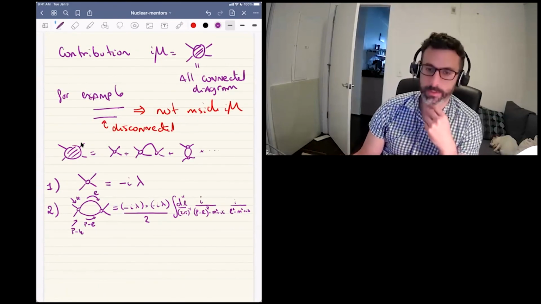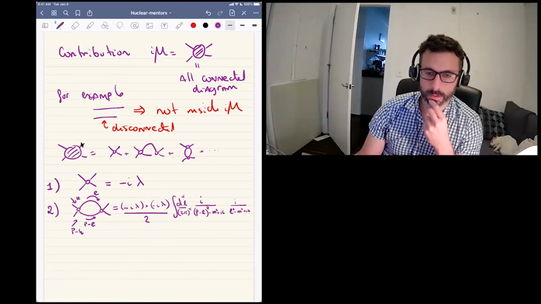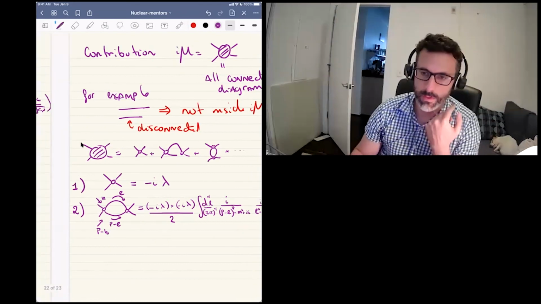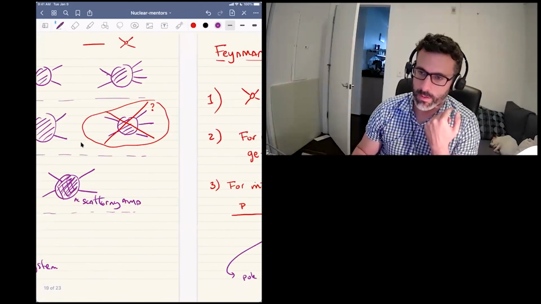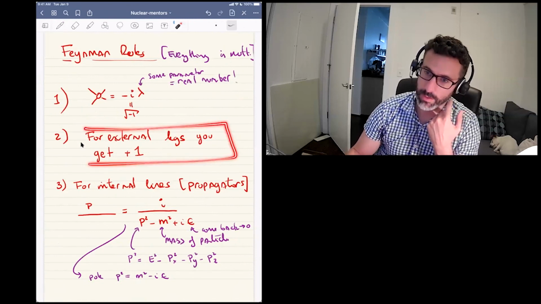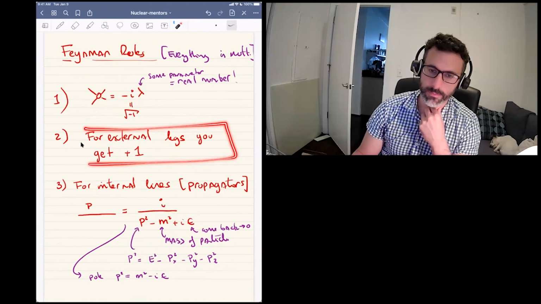So if we have 3 external lines, we would just multiply 1 that many times. That won't change it, right? That's right. This rule right here is trivial. It doesn't do anything for this theory.